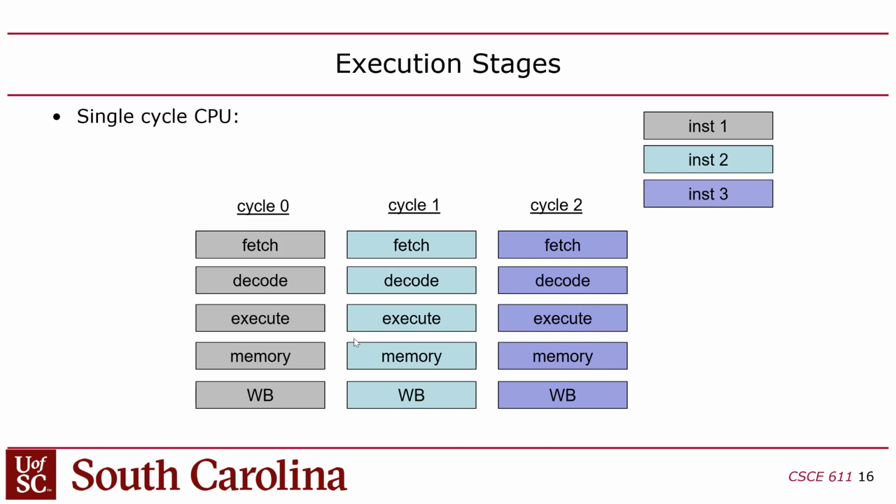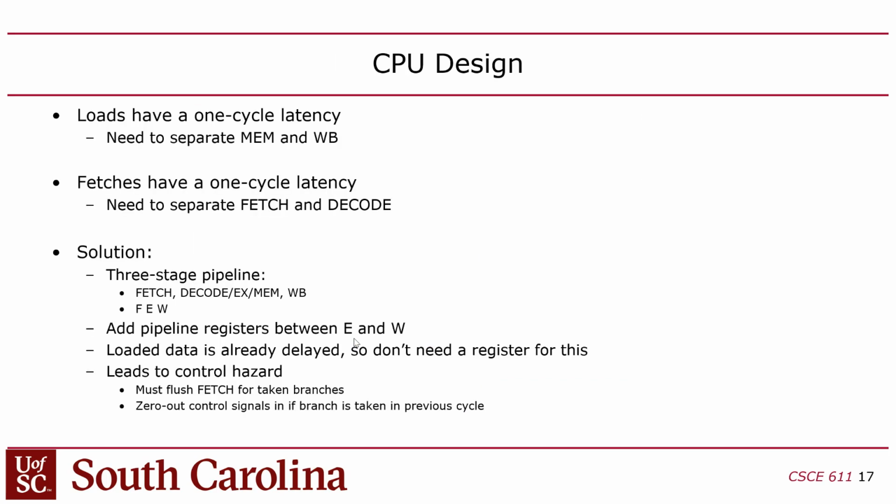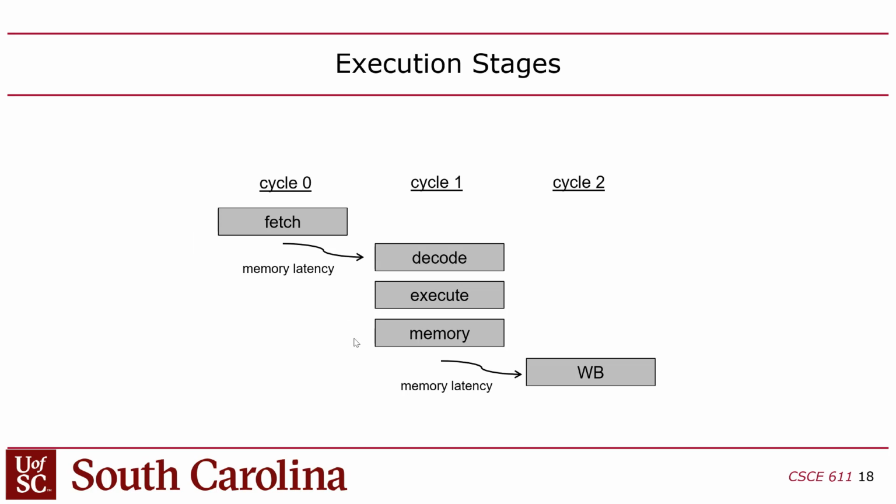Okay, so if we did everything in one cycle, it would be like this. If we had 3 instructions, a gray instruction, a teal instruction, and a purple instruction, everything for each instruction would happen in one cycle. But with a 3-stage pipeline, it takes 3 cycles of latency to get an instruction through.